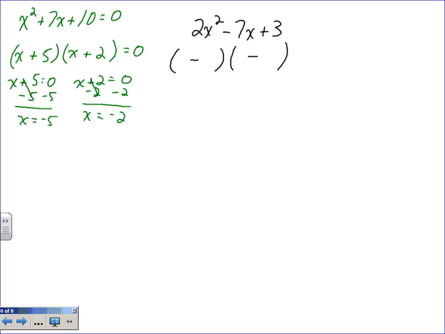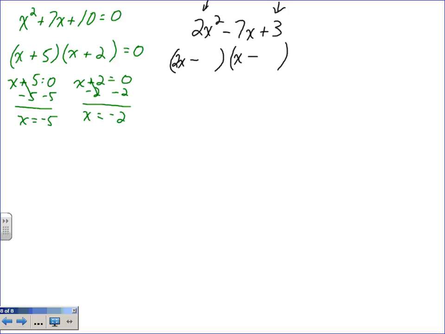All right. Now, all I want you to look at when you're factoring these is this first term and the last term. That's all I want you to think about for right now. So what times what is 2x squared? That one's easy. It's 2x times x. 2x times x is 2x squared.